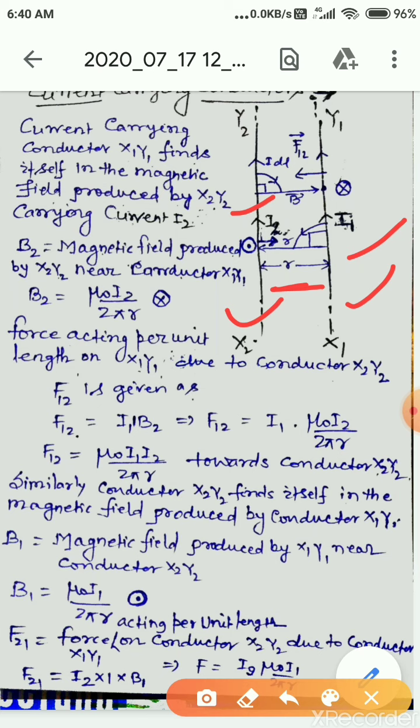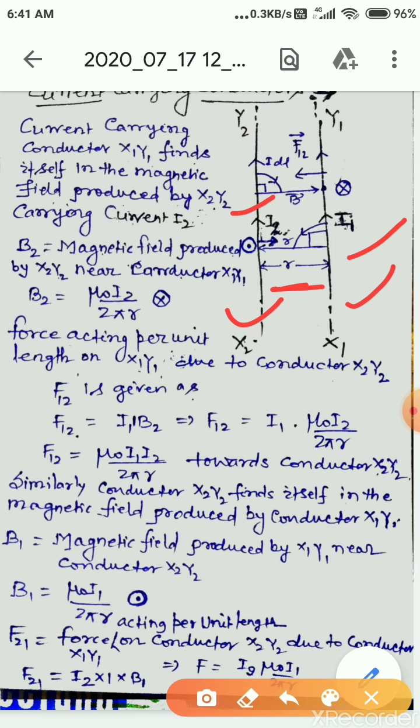So the first current carrying conductor X1 Y1 finds itself in the magnetic field produced by the second conductor X2 Y2, hence experiences a force. So the magnetic field produced by X2 Y2 near the conductor X1 Y1 is B2 equal to mu naught I2 by 2 pi R.